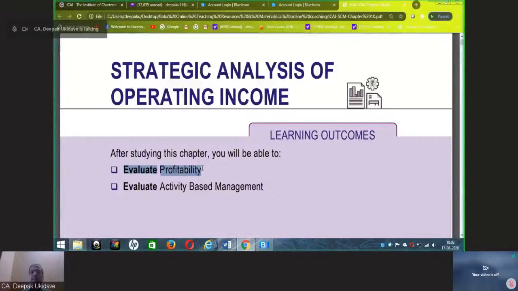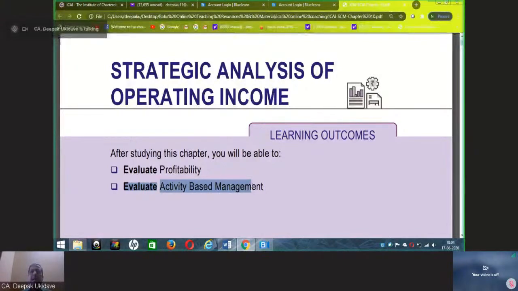What are the factors responsible for an increase in profit or decrease in profit in terms of different reasons or causes? And evaluate activity-based management. It's a new technique that is used. Activity-based management is practiced in many companies nowadays in India and of course abroad, whereby you can track the cost of every product, not directly, but via activity.